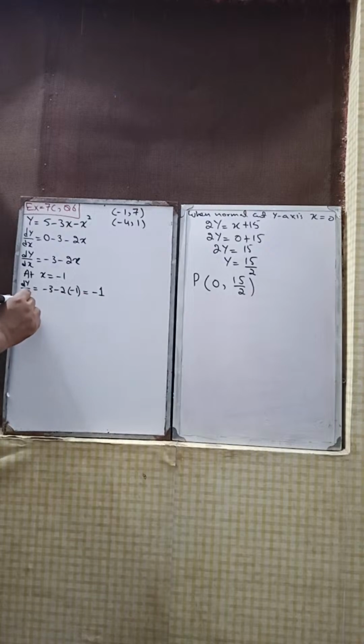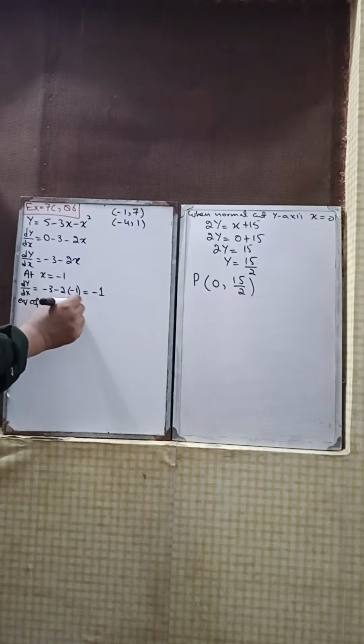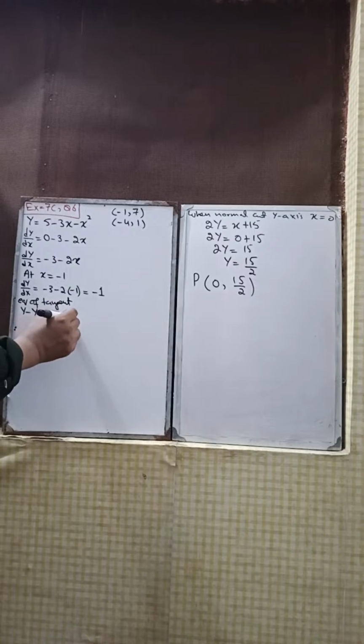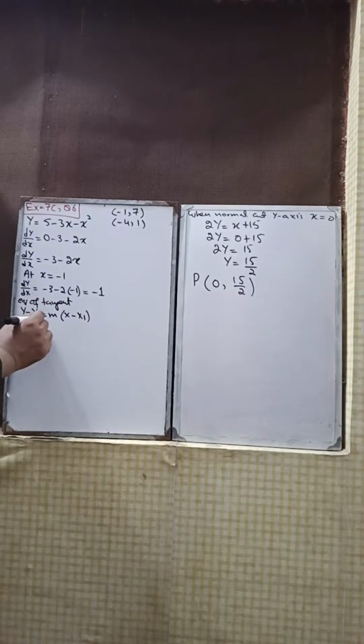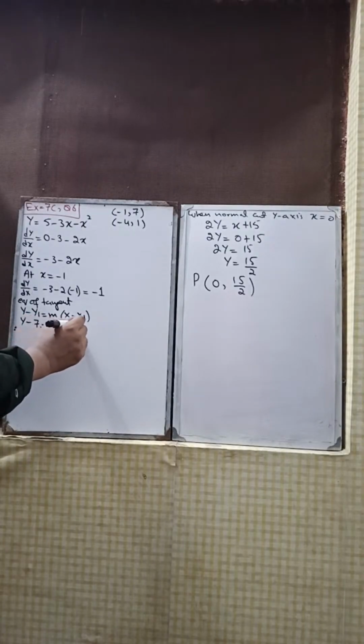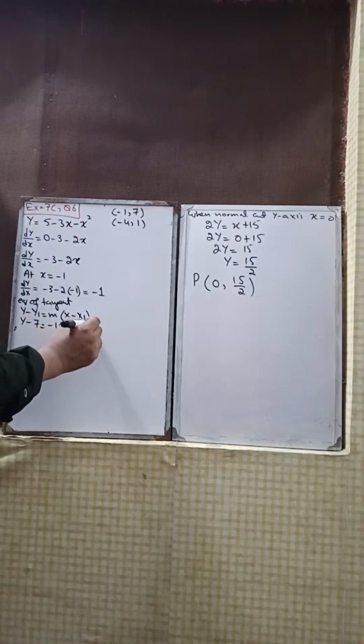The equation of the tangent at this point is y minus y1 equals m into (x minus x1). So y minus 7, the gradient is -1, times x minus -1.